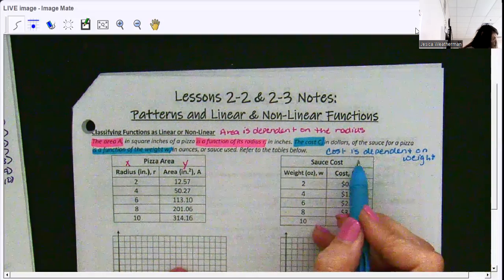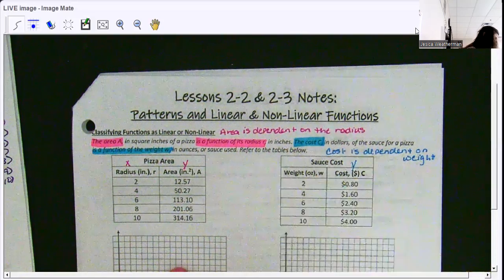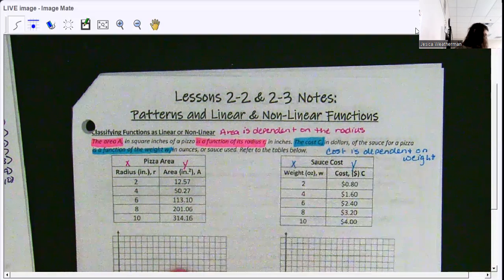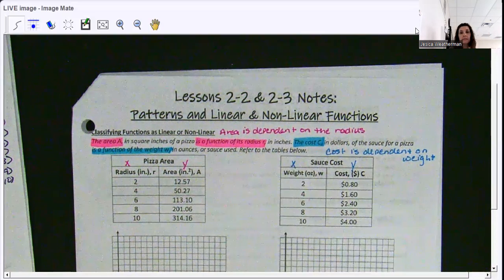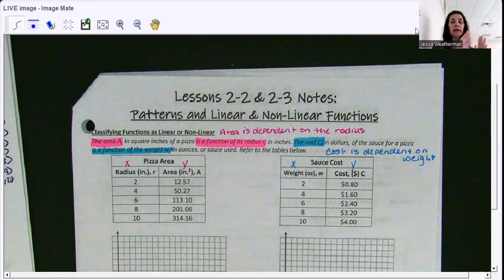Since cost is dependent, it is our dependent variable, or y, making weight our independent variable. The reason that I'm going over this is because you're going to be given some problems in the homework where it tells you something is a function of something, and you have to be able to determine which one is the independent variable and which one's the dependent variable, so you know where to place it in your table, on your graph, or in your equation.